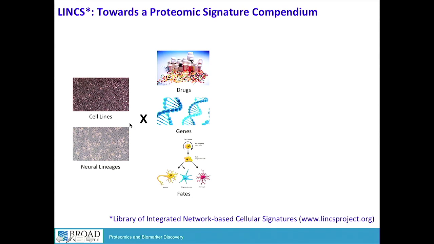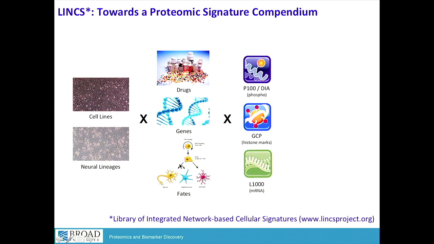We're taking various cell lines, some of which you've already seen, but now more, and also neural lineages that we're differentiating either from ES cells or from iPS cells derived from patients. We're treating them with drugs, manipulating their genes, or driving neural lineages down certain fates, which is another type of perturbation, bringing a cell from one state, one fate, or one stop along the lineage train to another.